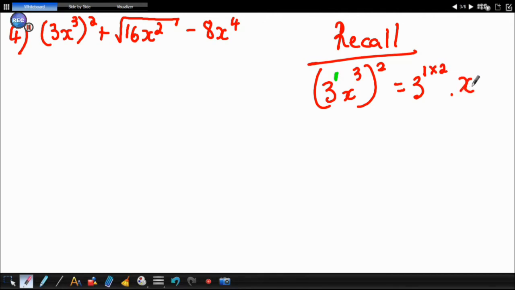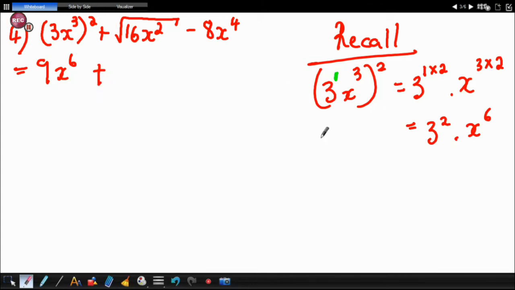Then also we have x, which is 3 times that 2 that's on the outside, which then gives us 3 to the power of 2 times x to the power of 6. We come back and we write this down here. So 3 squared is, of course, 9, and then x to the power of 6, then plus.